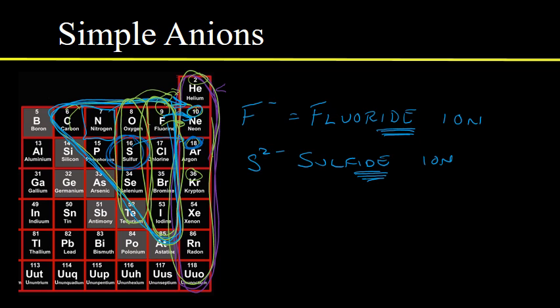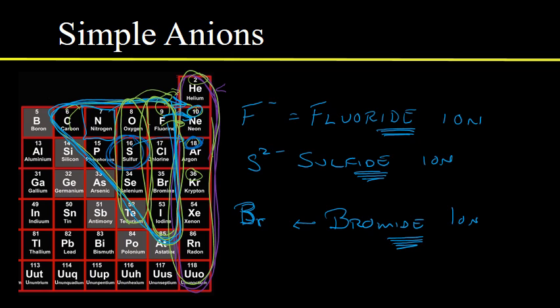And if you had, for example, going in the other direction, bromide ion, then that -ide suffix would tell you that this is just a simple anion, just a monatomic anion, it's just a bromine with a negative charge.